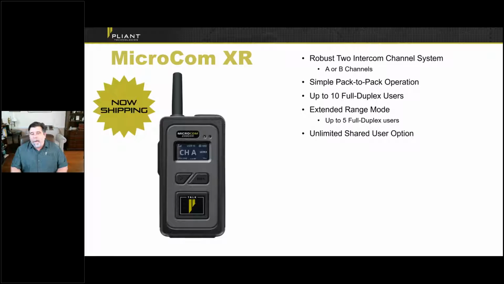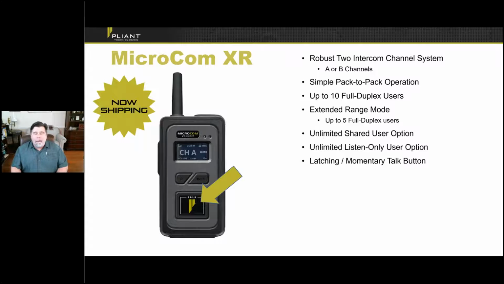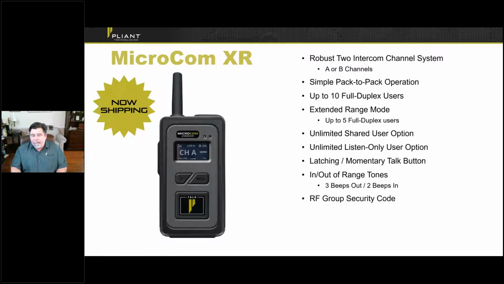Unlimited shared user options, unlimited listen-only user options, latching button, or it could be momentary depending upon the way that you press it. If you press it, hold it, take your finger off, it's going to be momentary. If you press and take your finger off immediately, it latches. It gives you out of range tones, 3 beeps out, 2 beeps in.